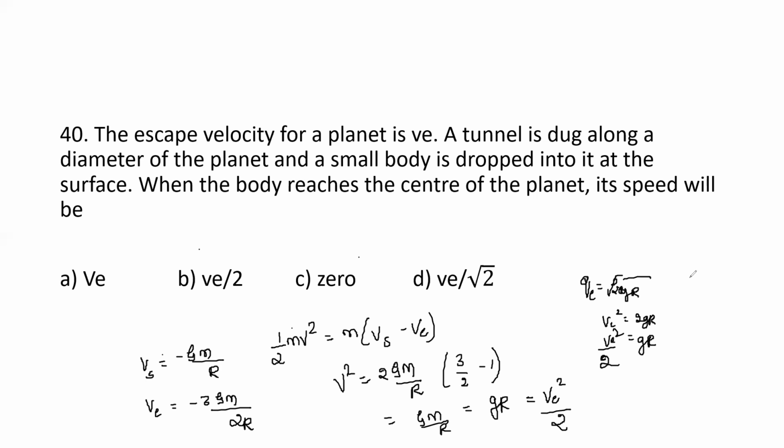Therefore, we will get V square is equal to Ve square divided by 2, so V is equal to Ve divided by root 2.